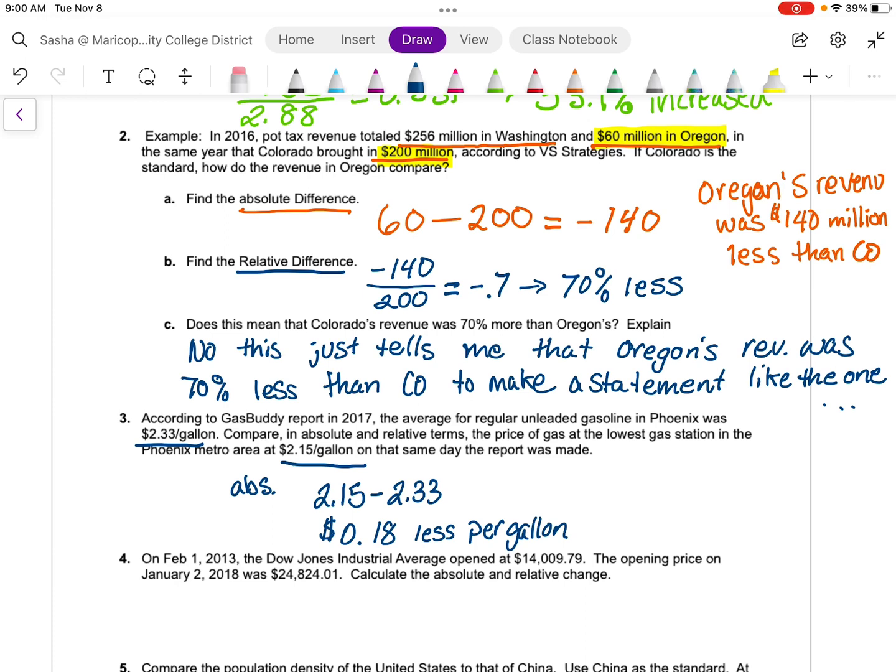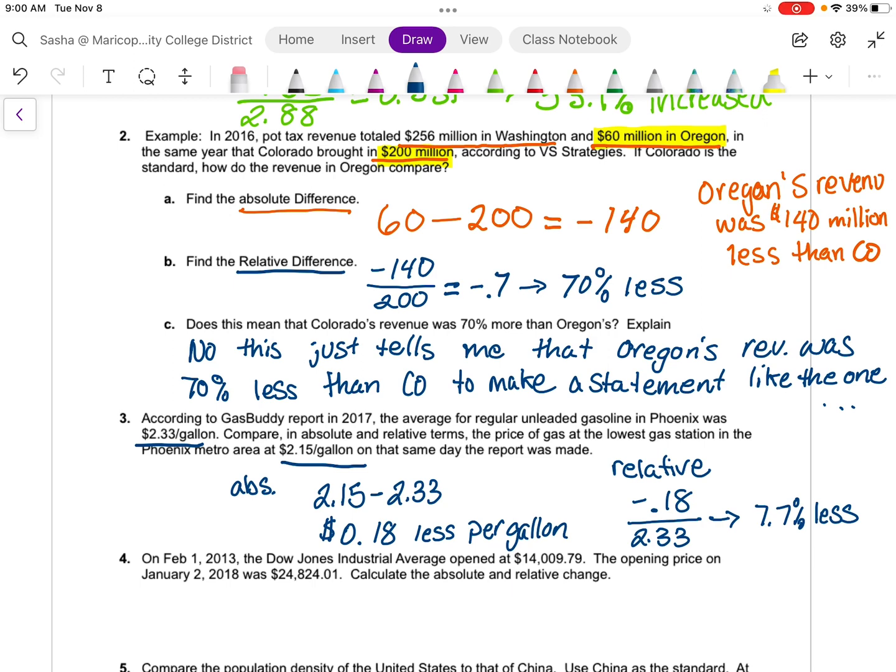Now, if I then want to figure out the relative, I would take that absolute difference, that negative 0.18, because remember it was less per gallon, and I would divide it by my average price per gallon and turn it into a percent and end up with 7.7% less.